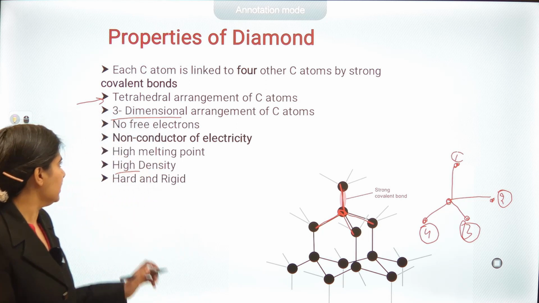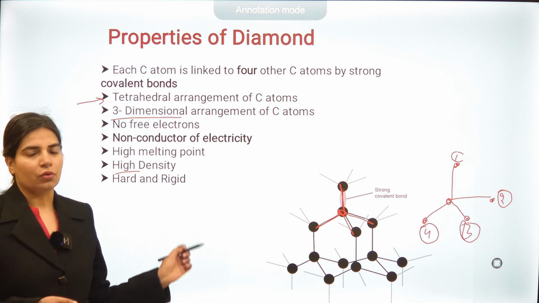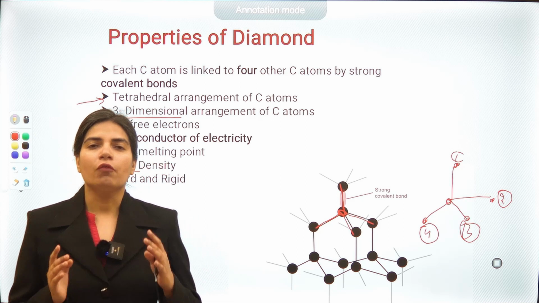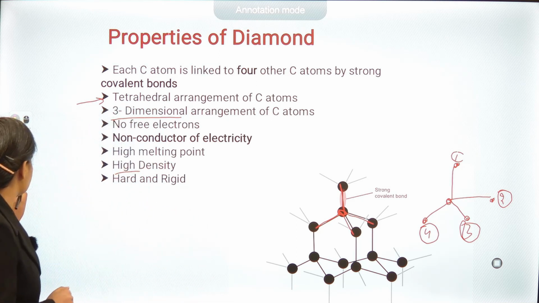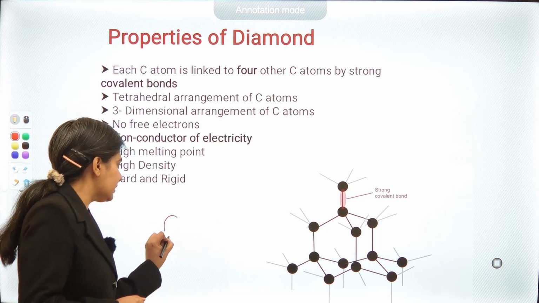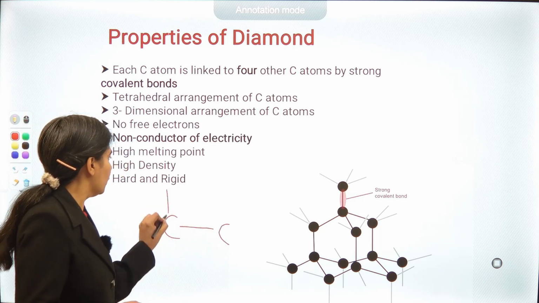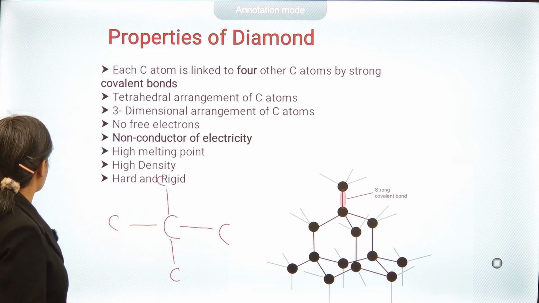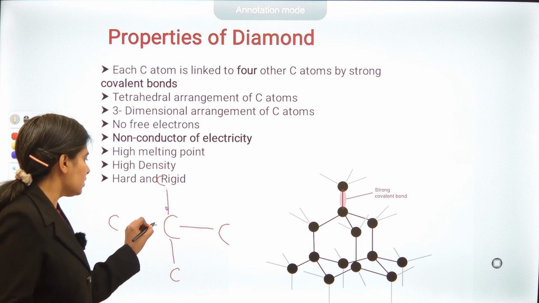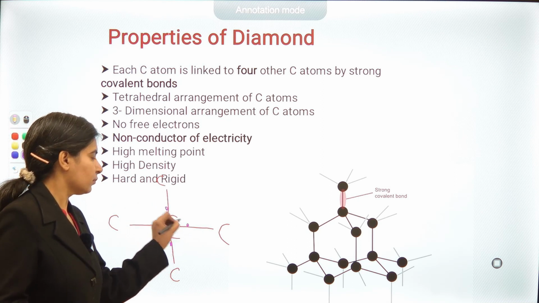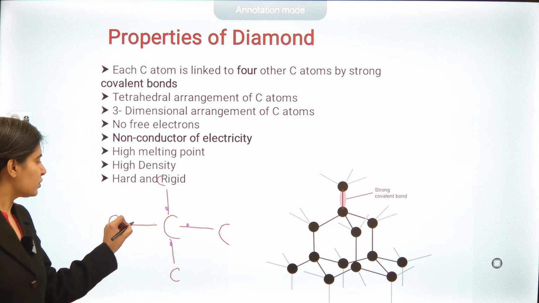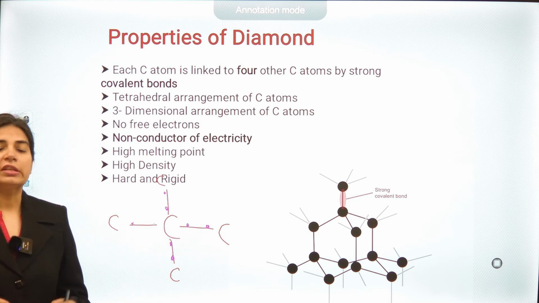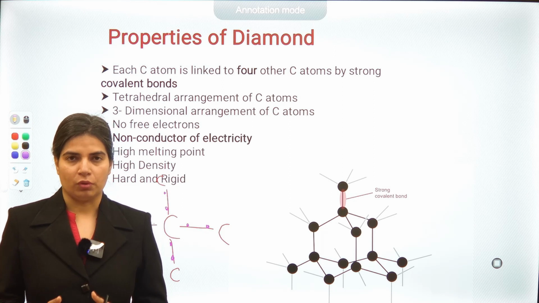The fourth property is no free electrons. If I talk about diamond, then in case of diamond, there is no free electron. As we have discussed, say this is our carbon atom. It is linked with other 4 carbon atoms. So all the electrons are occupied. All the electrons are used in the formation of bond with another carbon atom. So there is no free electron in case of diamond.